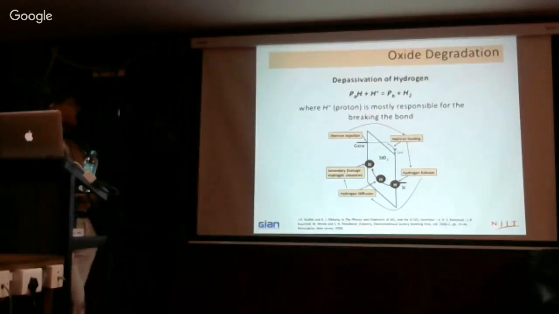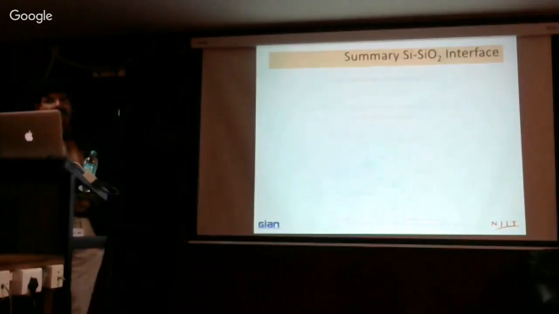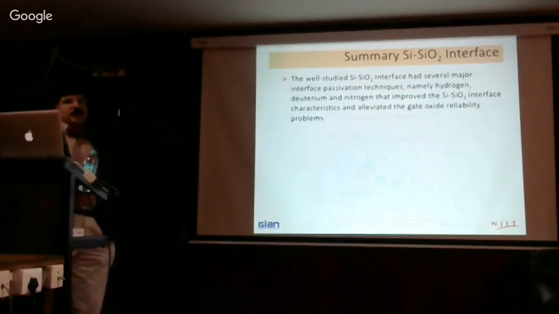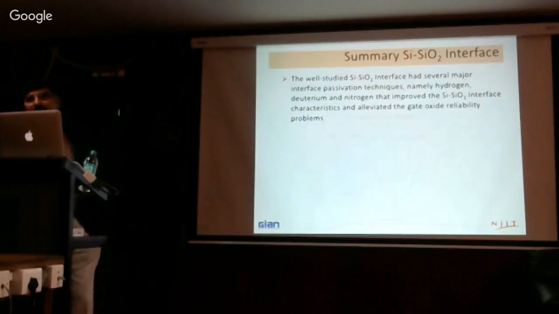So these are actually called the secondary damage. Sometimes you also get secondary damage depending on the energy of the hydrogen that goes there, mostly in the field. This silicon dioxide interface is very well studied, and you have a pretty good idea of it.